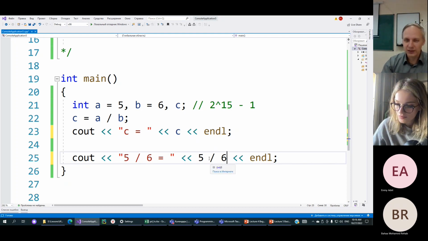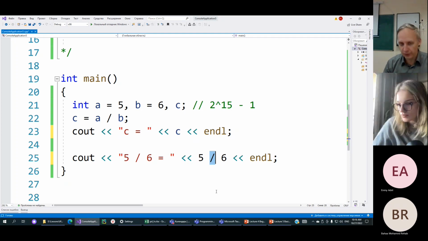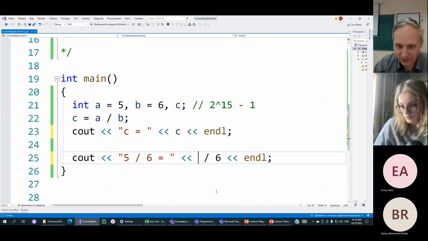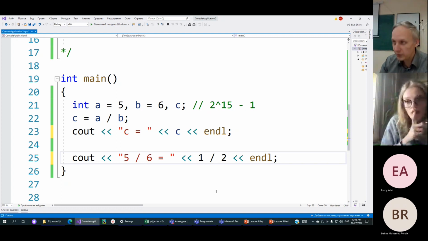In this case, this operation will be the integer part of the division, 5 over 6, or more simply, 1 over 2. What is the real result of 1 over 2? 0.5. And the integer part is 0.